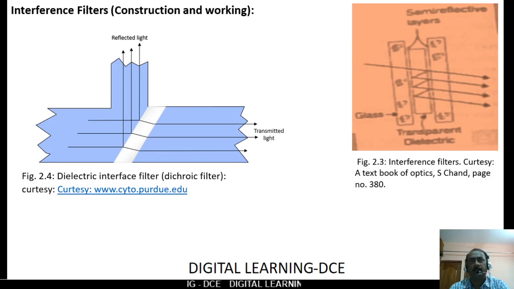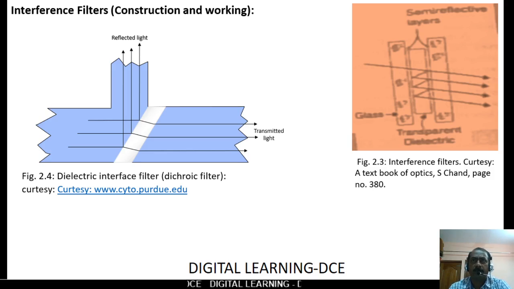By varying the thickness of the dielectric, any particular wavelength may be filtered. Actually speaking, a narrow band of wavelengths sharply peaked about one wavelength may be filtered in an interference filter.